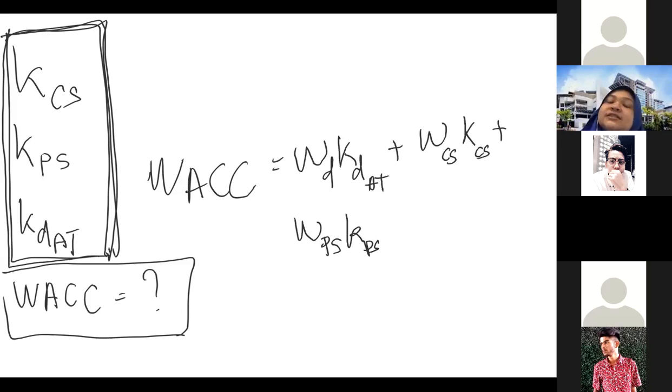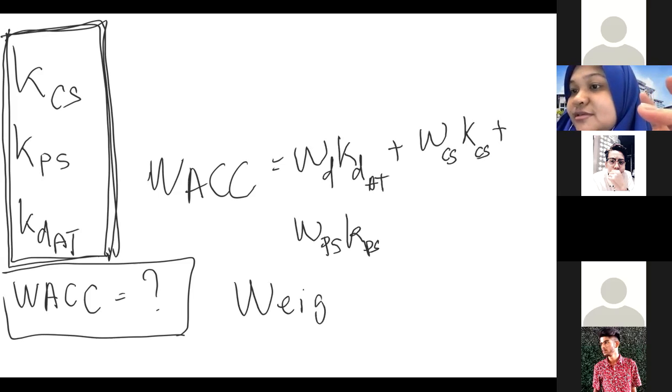Itu sahaja. Cuma the challenge is how to find the weightage. Weightage ni, it depends on the question. Sometimes the question gives it to you directly, but sometimes the question just gives you the amount of each capital. So you need to find the weightage on your own.